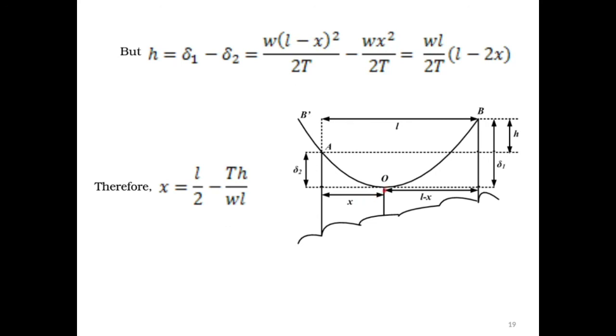But in this case, the lowest point of the conductor goes to the top of this support, which is at lower level. It won't go that side. Is that clear? This point O is not going to point B. The point O is going to go to point A. Is that clear?